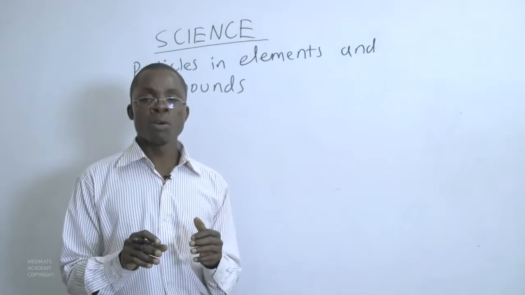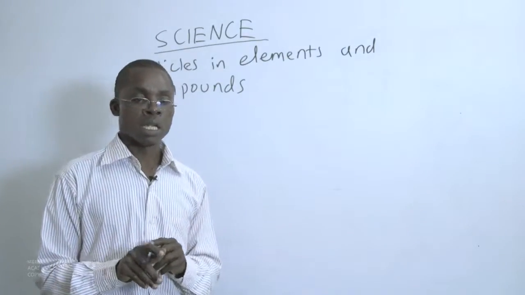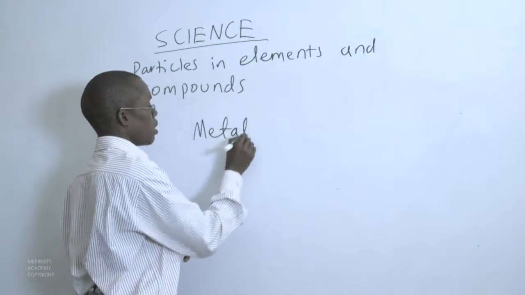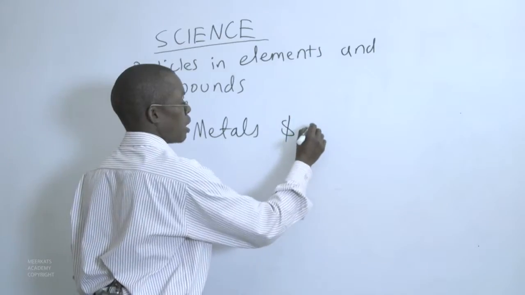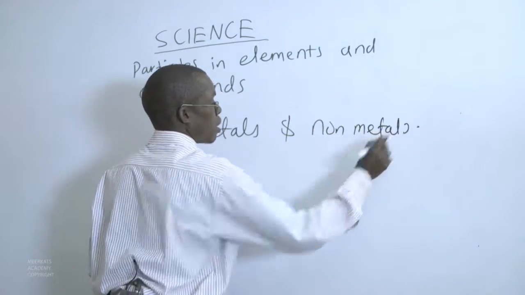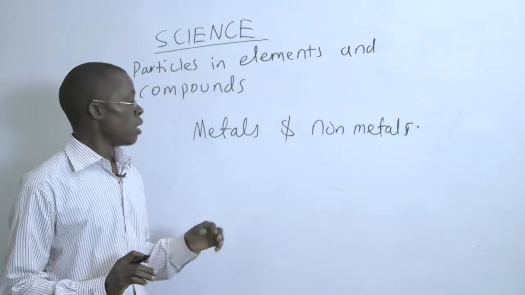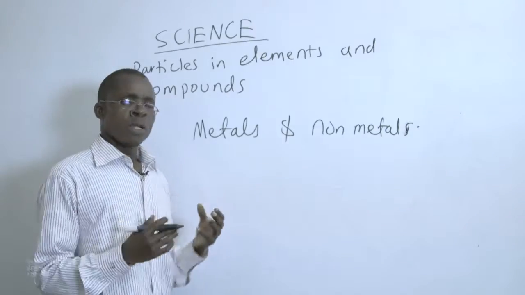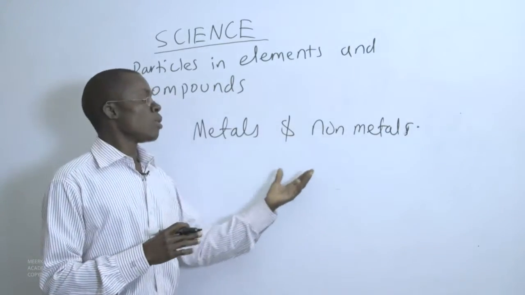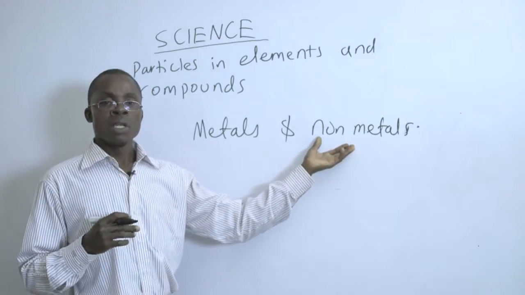So the periodic table can be put into 2 major categories, and that is metals and nonmetals. When do we call an element a metal, and when do we call an element a nonmetal?